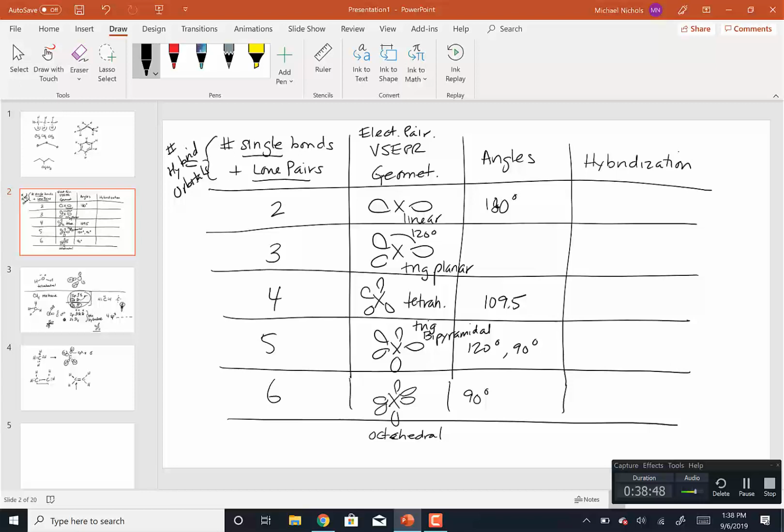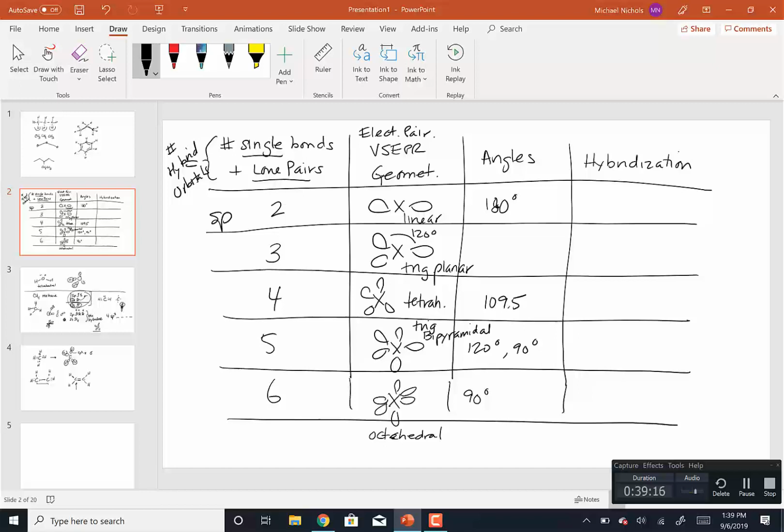Single bonds have to come from hybrid orbitals, and lone pairs can only go into hybrid orbitals. So what does that mean in terms of the hybridization? If you have 2 lone pairs or single bonds, that means you have 2 hybrid orbitals, which means your hybridization is sp.